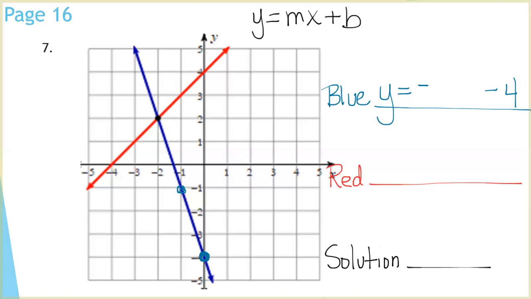And when I make my little triangle, I notice that to get from this point to this point, I have to hop down 3. So 1, 2, 3, and then I have to hop to the right 1. So my slope is negative 3 over 1. So it's negative 3x minus 4. That is your equation.